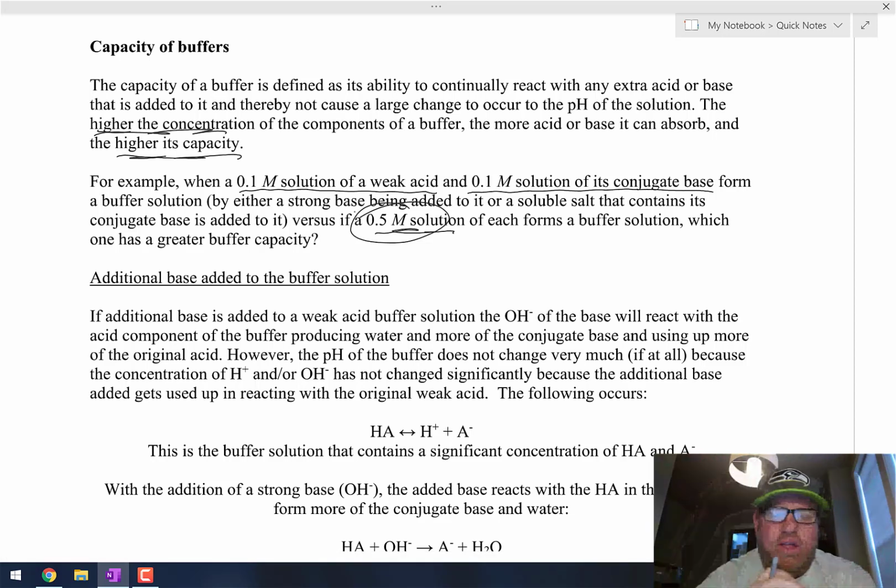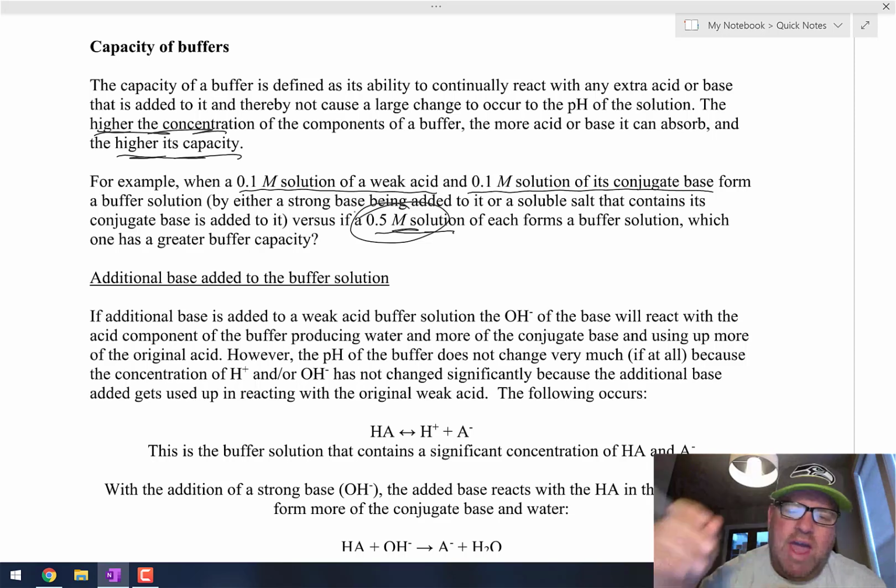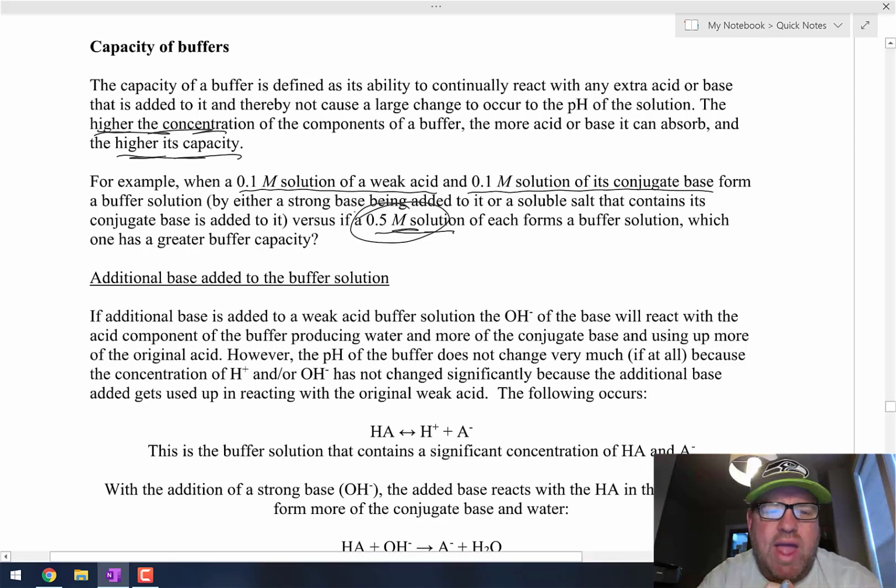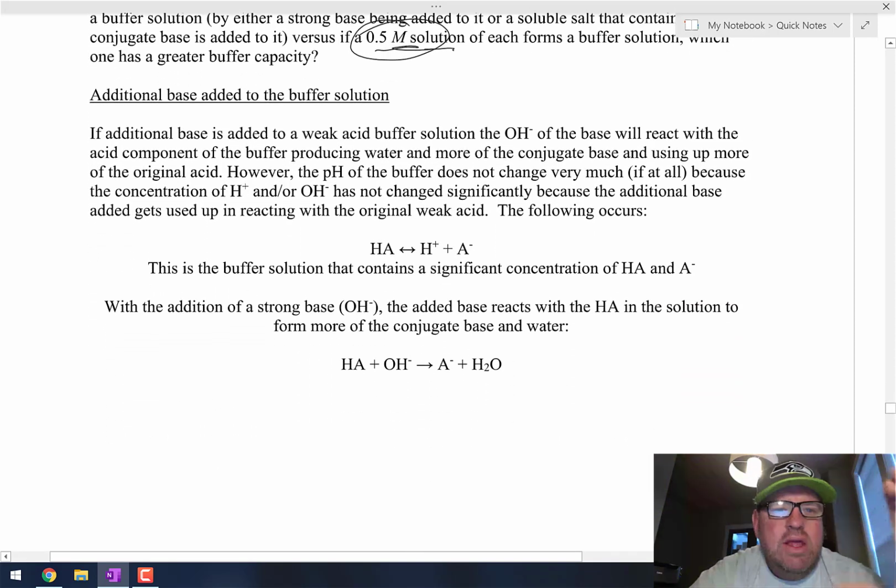So the higher the concentration, the greater the buffer capacity, so that you have more particles for the extra added acid or base to react with. So that's buffer capacity.